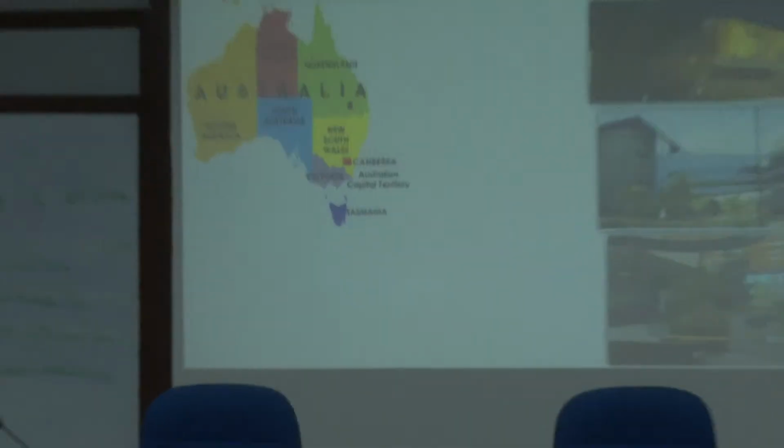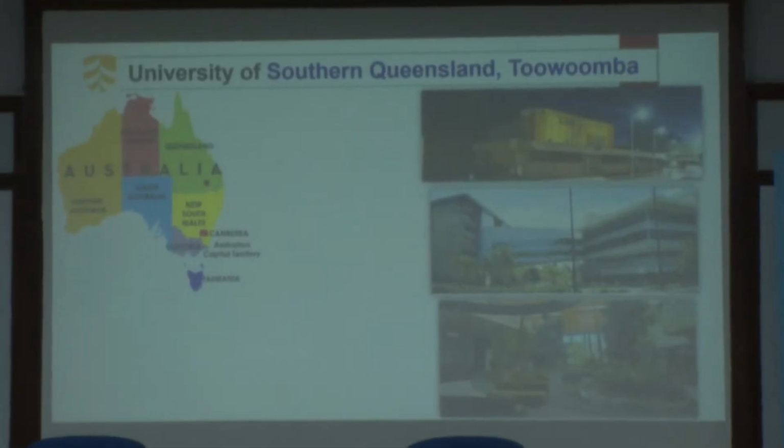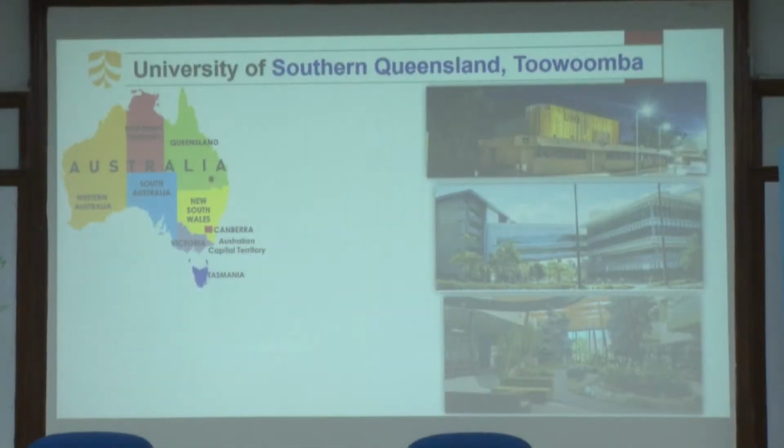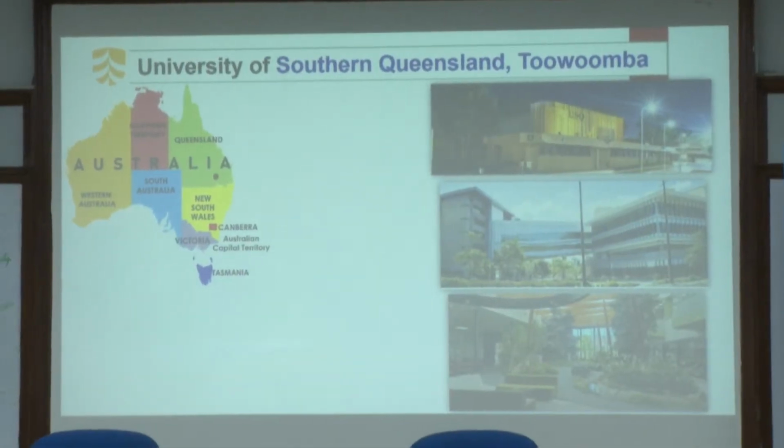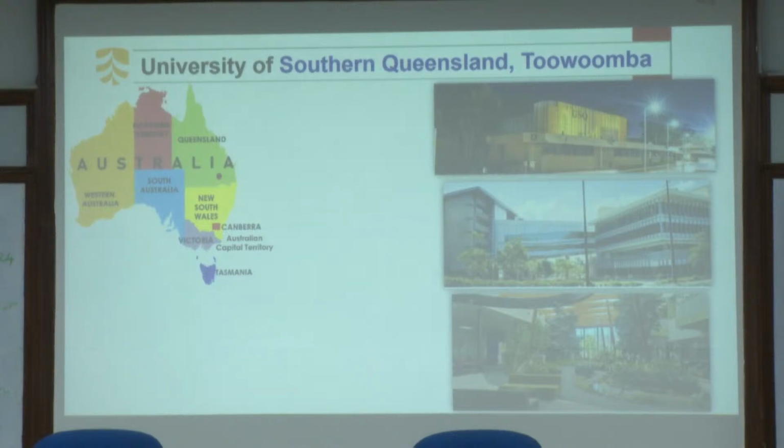I went for my training to the University of Southern Queensland, in Queensland, whose capital is Brisbane. Australia, as you know, is a big country and continent, divided into 6 major states and one Australian Capital Territory, that is Canberra.